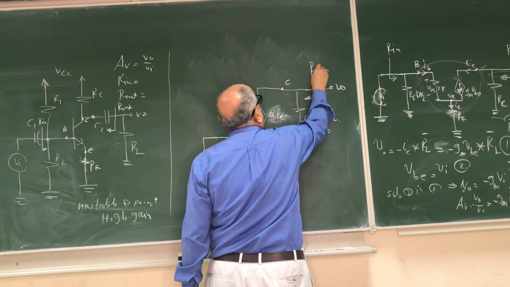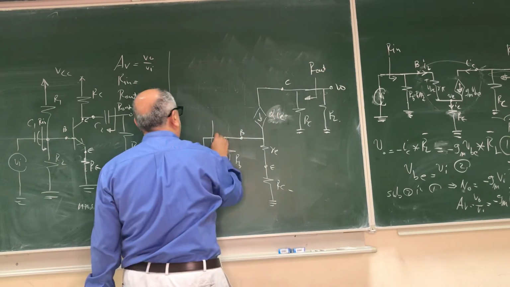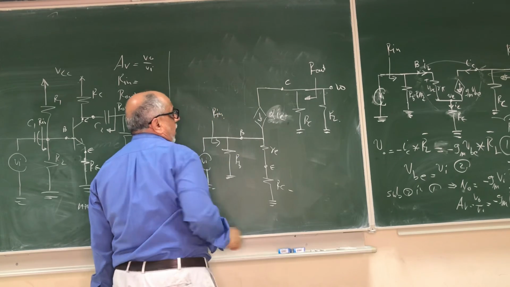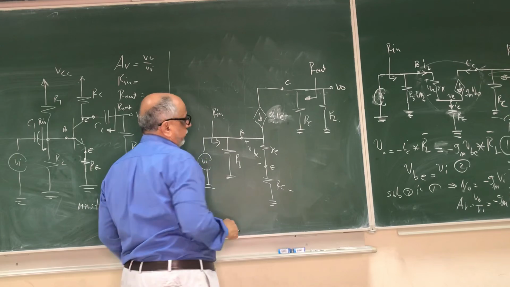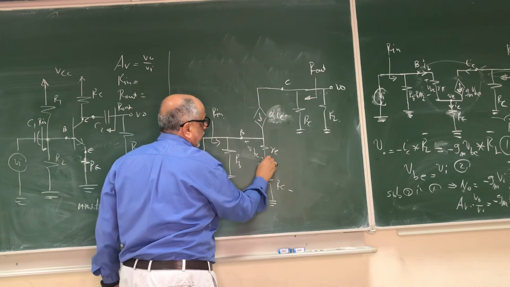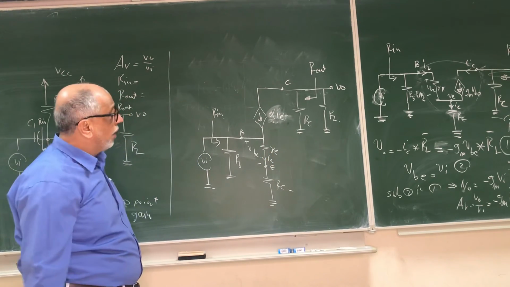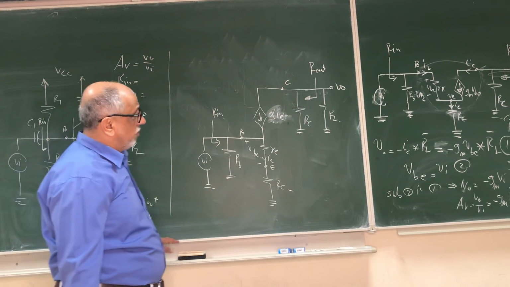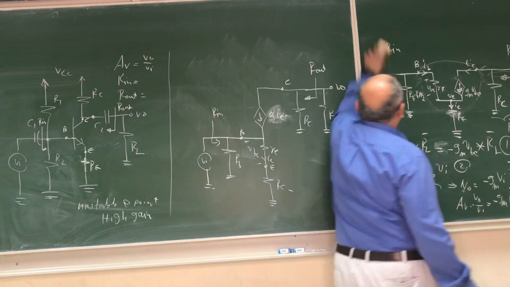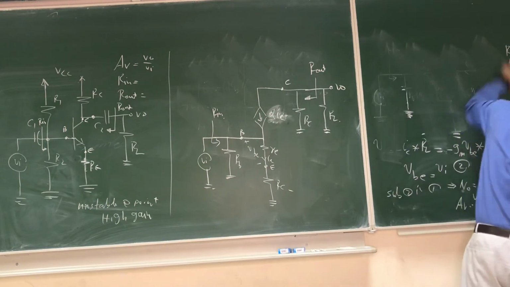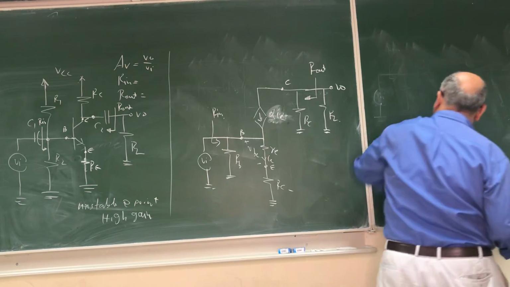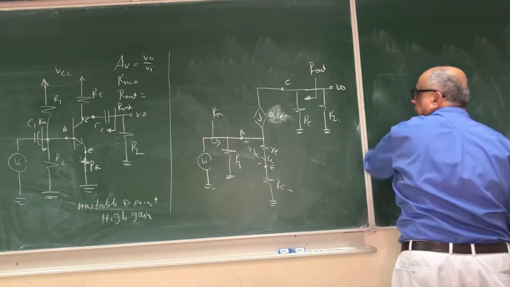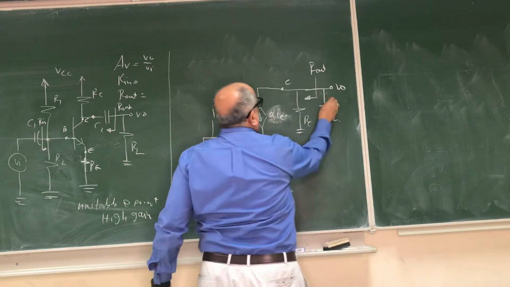So this is Rout again, and this is Rin. And we can do the analysis. Now, VB is the voltage here. IE is this. Now we can do the same thing for the gain. So what we can do here, we can combine these two.